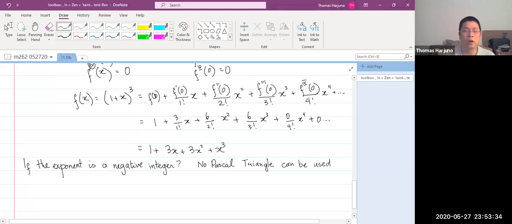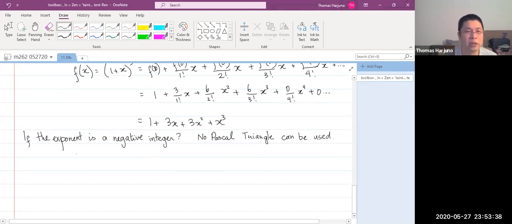Of course, we still have the notation for combination. Let's say, for example, I have (1 plus x) to the power of negative 3.